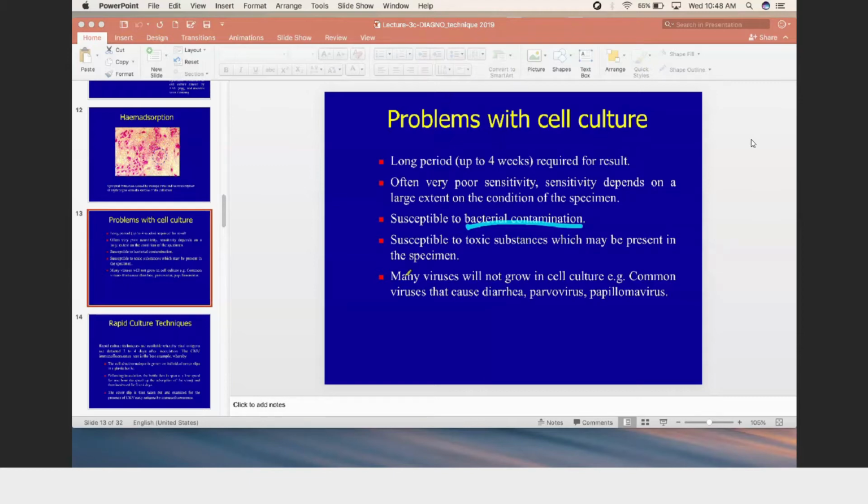And then another issue is not all viruses can be grown in cell culture. Not all. Many viruses, in fact, cannot be grown in cell culture, especially those viruses that normally cause diarrhea. Parvovirus, okay, papillomavirus cannot grow in cell culture.